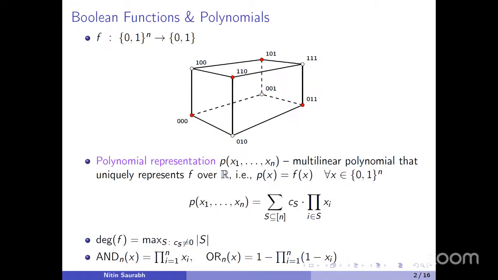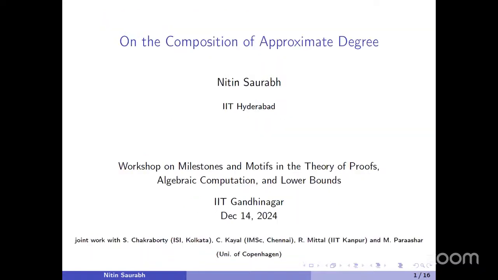Right, so Boolean functions are what we're going to study in this talk. They are just functions from n-bit Boolean strings to 0, 1. And our favorite friend, polynomials, again makes an appearance here, but this time they will be used to represent Boolean functions. Every Boolean function can be uniquely represented by a multilinear polynomial over the reals.